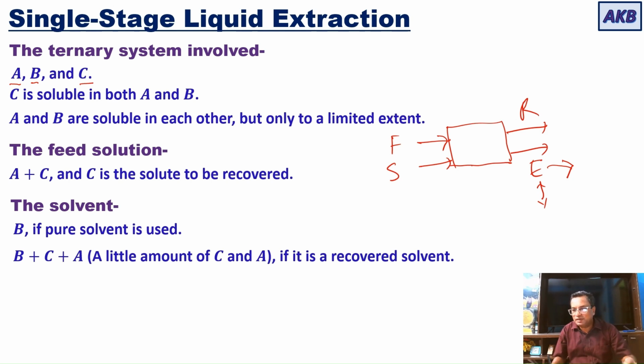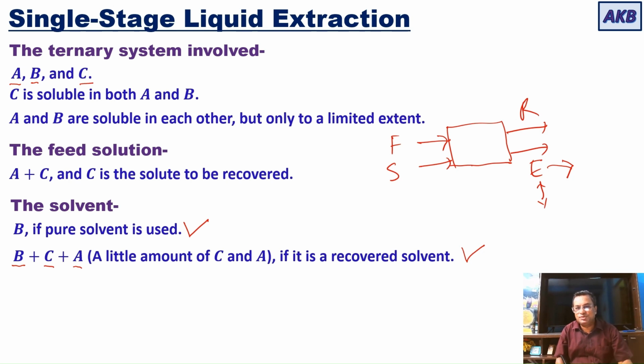So when you are recovering solvent from the extract phase, it will contain all three components. Majorly it will contain B, whereas there will be little amounts of C and A. This is true when you are using a recovered solvent. If you are using fresh solvent, then there will be only B in it. So you need to understand this point.